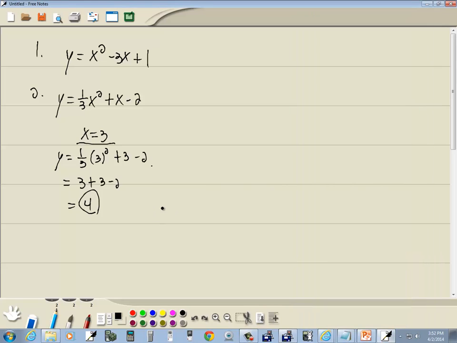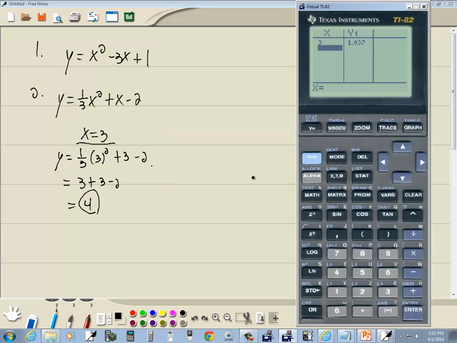If I wanted to input this in, what you have to do, and I wish I could give you all the guidelines for this, but if you go to y equals, what you have to do when you're entering this in, I'll press clear to start over, you have to put parentheses around the 1/3. So I do beginning parentheses, 1 divided by 3, closing parentheses, times x squared.